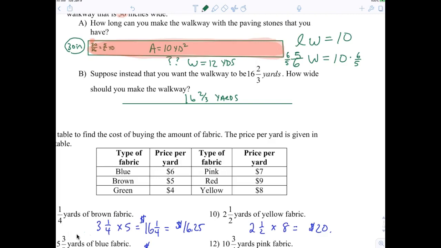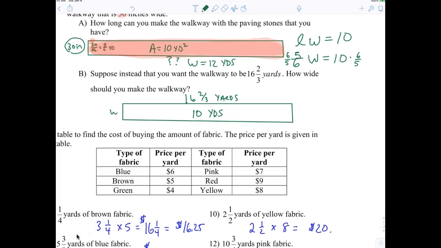The question is, how wide can I make my sidewalk if I'm trying to get to the curb? Now, what's the area of the sidewalk going to be? Still going to be 10, because we still have the same number of brick, right? So it's going to be 10 square yards.